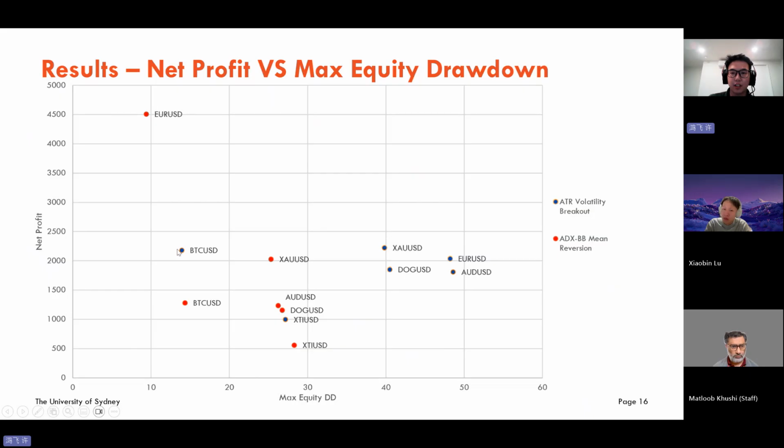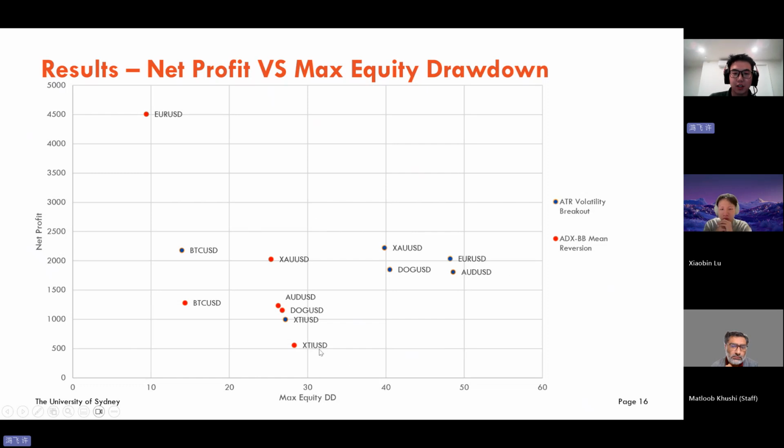And here the second strategy, Bitcoin with ATR, works the best. It's not as exaggeratedly high, but normal high, like 100% per year, with still very low drawdown. Overall, the ATR strategy is not working as well as the ADX.